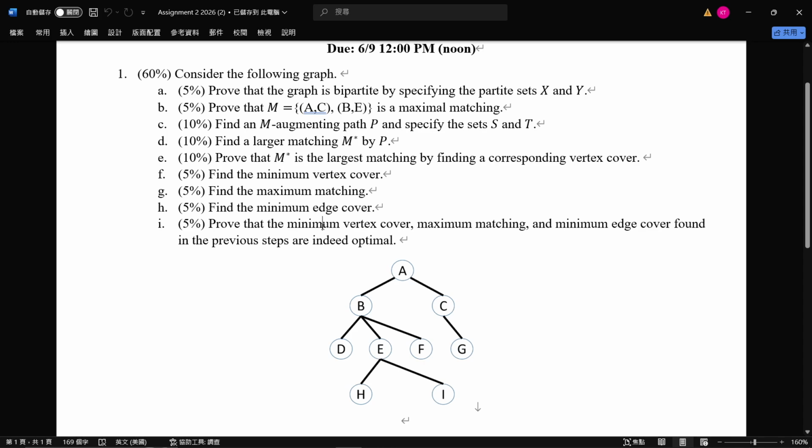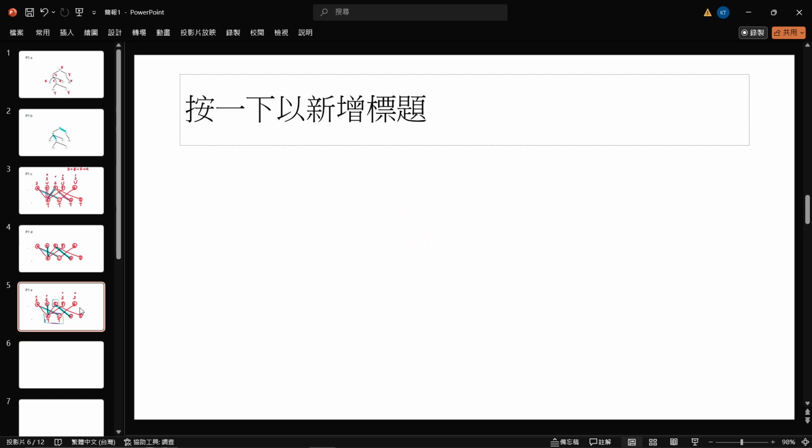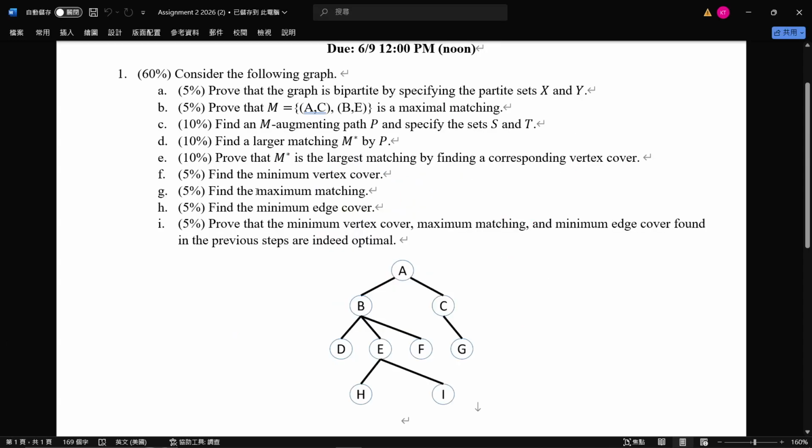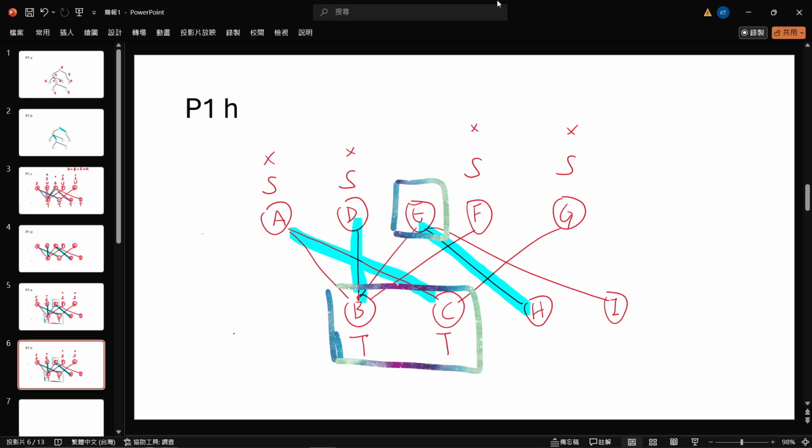So next we have the edge cover. To find the edge cover, recall that given a matching, we've discussed an algorithm that transforms the matching into an edge cover.